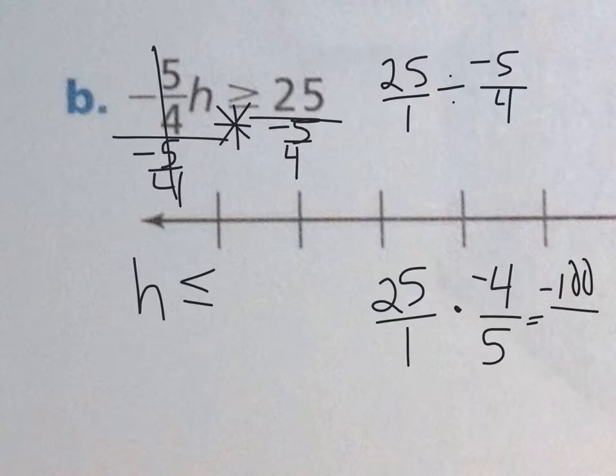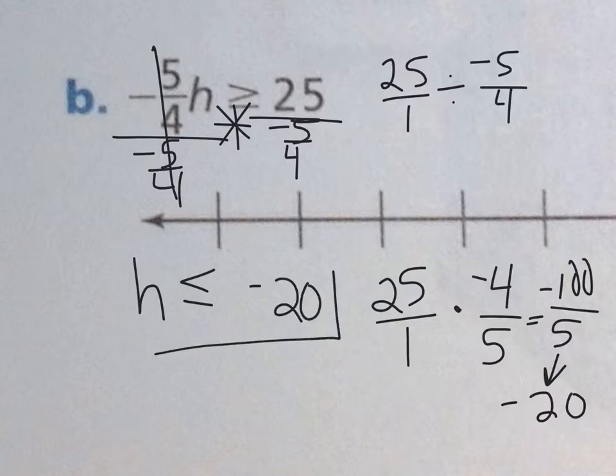If you didn't switch it around there, that's not a big deal at all. And then you multiply, divide that out, and you get negative 20. So h is less than or equal to negative 20. And then we could graph that. The graphing part you guys looked at in the last lesson, that would just be a closed circle and going to the left. Closed circle at negative 20 going to the left if you graph that.